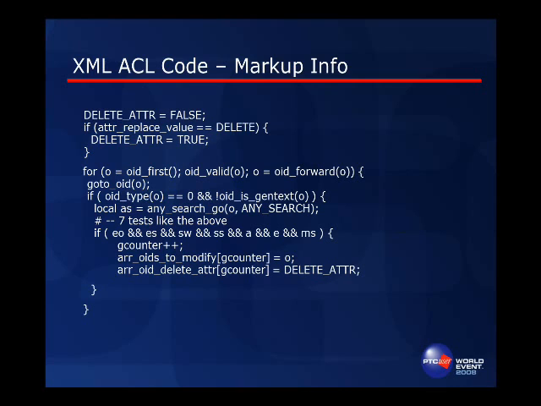So I go through it and I test all the situations that I might want to do, depending on what the search is, what the kind of find and replace it is.